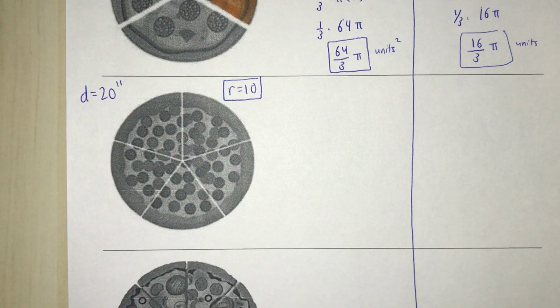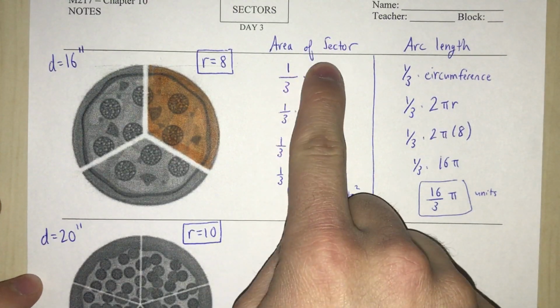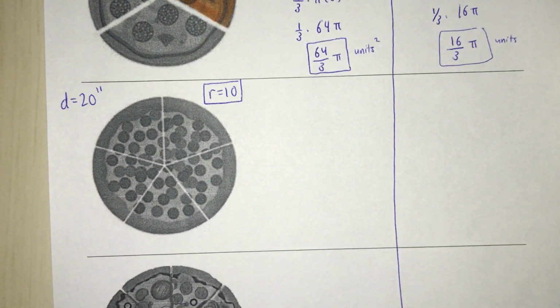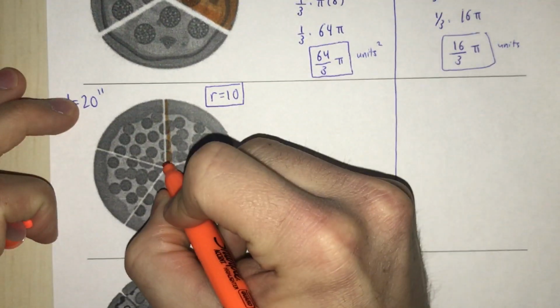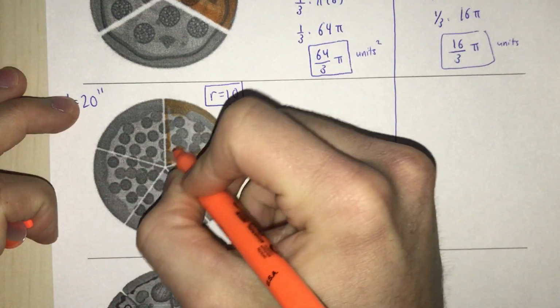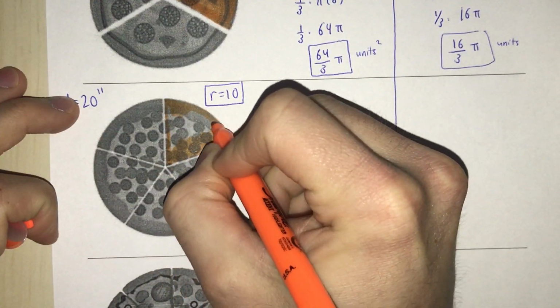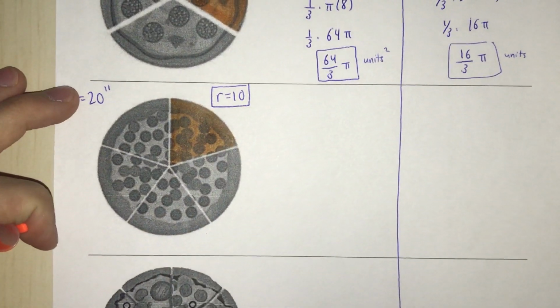And we're going to follow the same idea as before. We're basically going to take the area of the sector. So we are going to find the area of one slice of pizza. That's all we're finding.